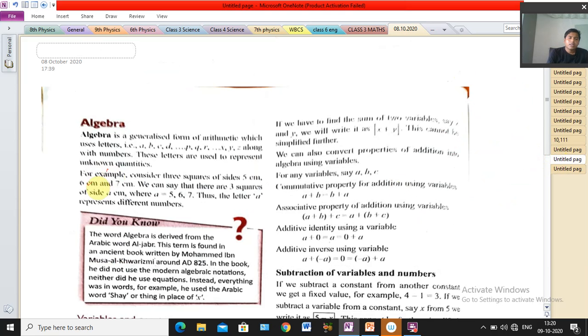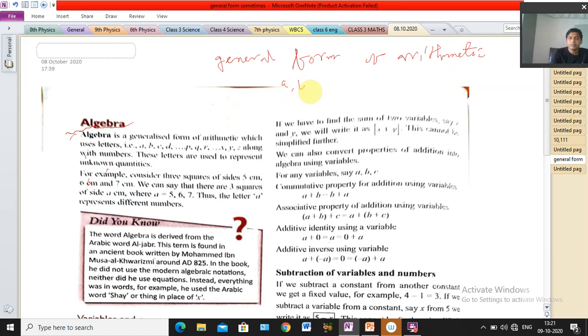So again, see here, algebra. What is algebra? Algebra is a general form of arithmetic, where we are using letters.